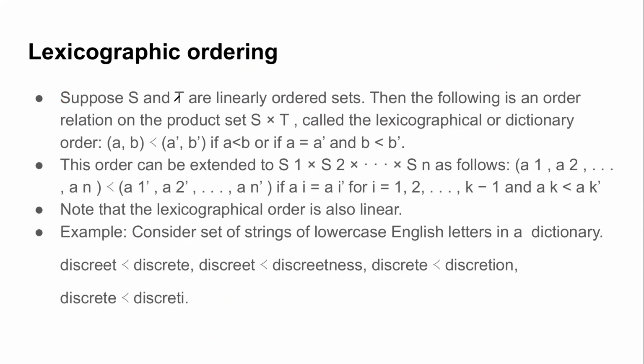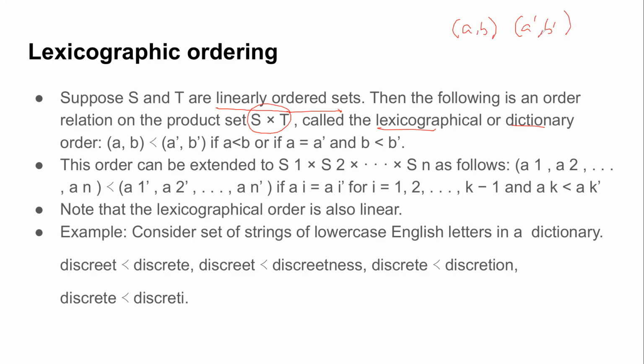Lexicographic ordering is also on linearly ordered sets. But the first difference is that instead of using normal numbers or normal elements of a set, we are focusing on the Cartesian product. That means the elements we are dealing with are ordered pairs. Now suppose we have two ordered pairs, (a, b) and (a', b').